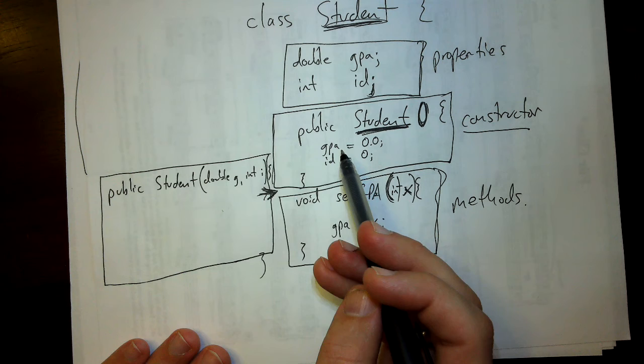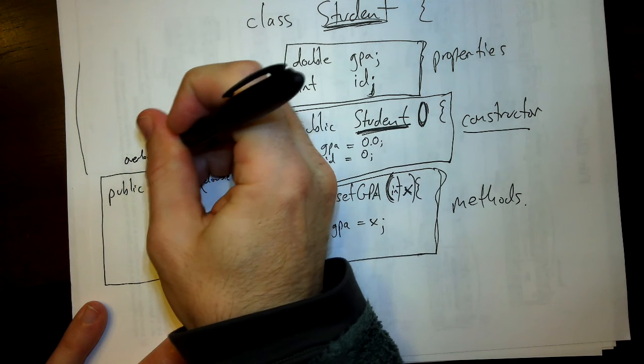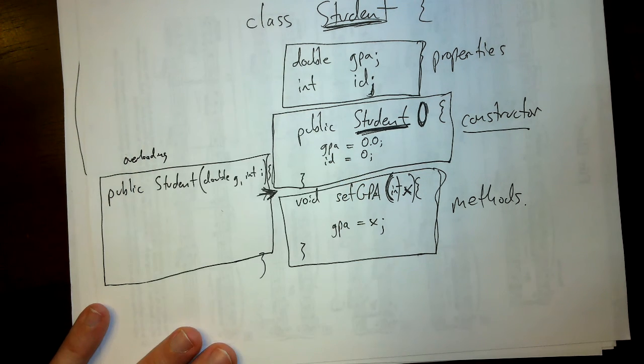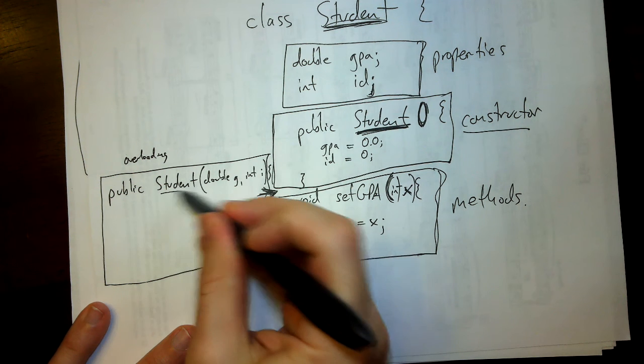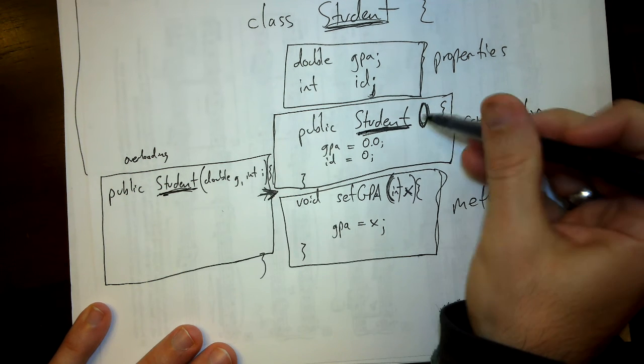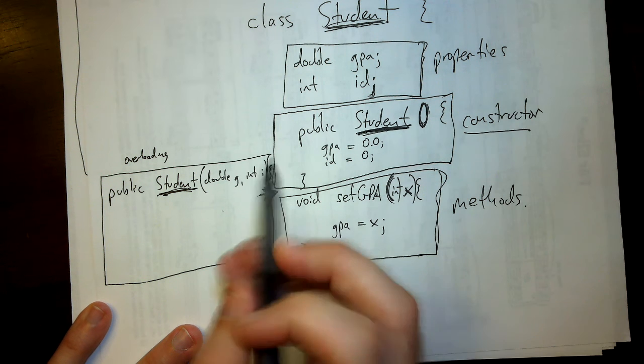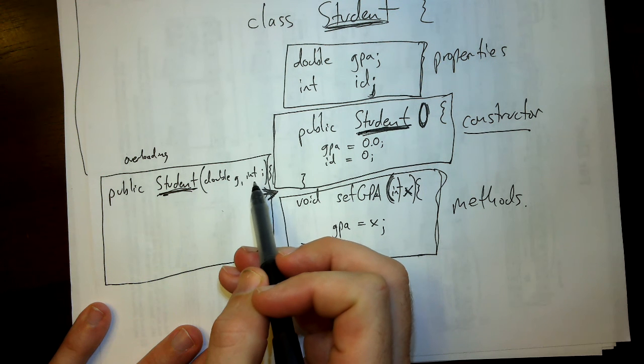But I'm overloading it. So this is overloading because I have exactly the same name. They're both called student, but one takes 0 parameters and this one takes 2 parameters.